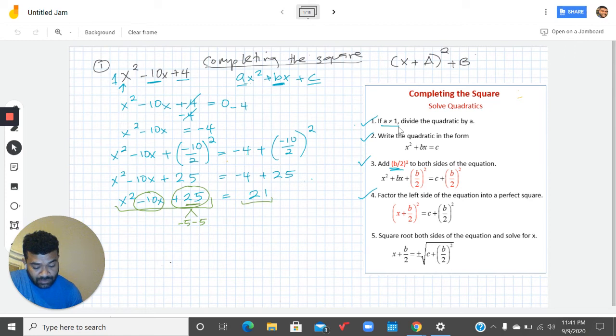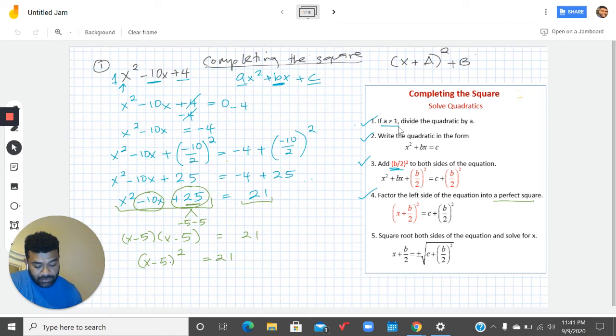So it's going to be x minus 5 and x minus 5, equal to 21, and it's asking me to give a perfect square, so that means I will have x minus 5, the whole thing squared, equal to 21.